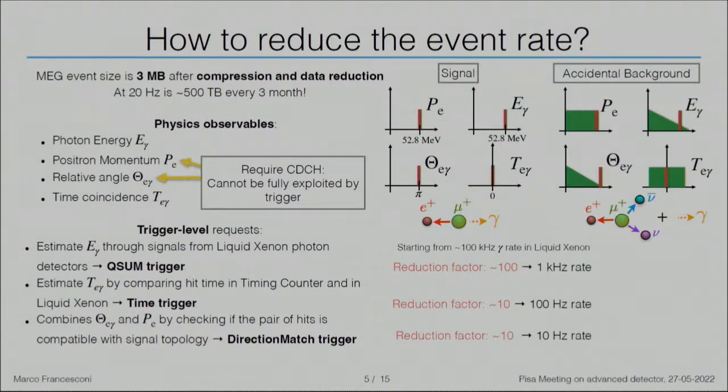Then, since we really know the topology we are looking for, we know that for a photon that goes in a particular region of the liquid xenon, the positron has to go to a particular region in the timing counter. And we call this the direction match. So the first, the Q-sum trigger, has a reduction factor of 100 because the energy spectrum is decreasing there, and this provides a pretty big reduction factor. And the other ones still help in bringing down the DAQ rate.